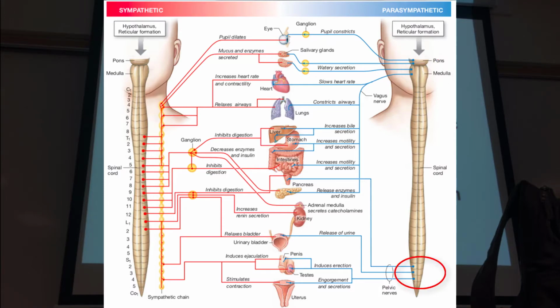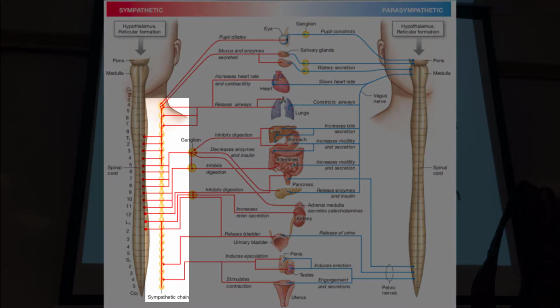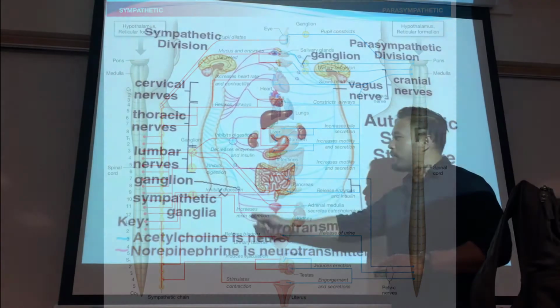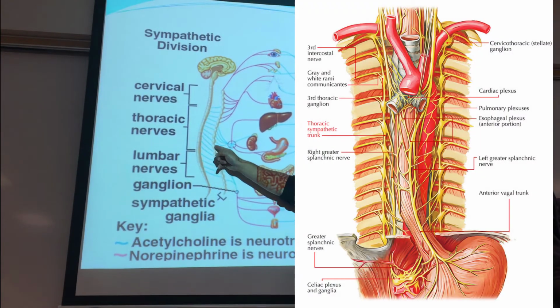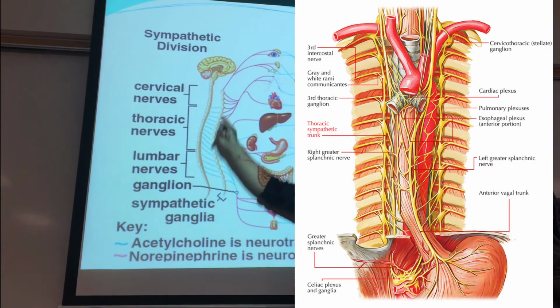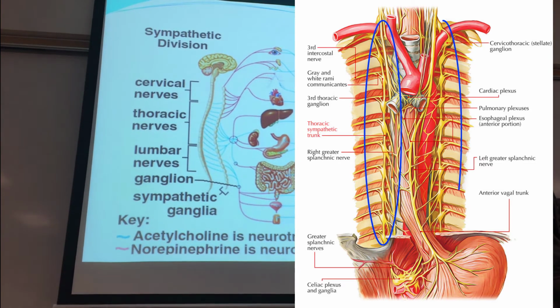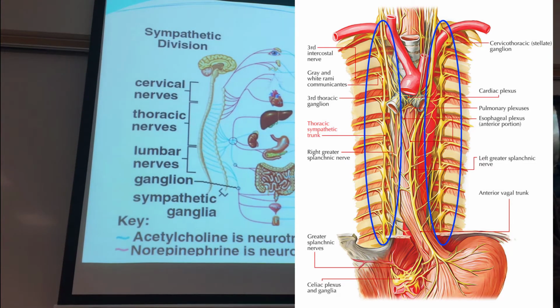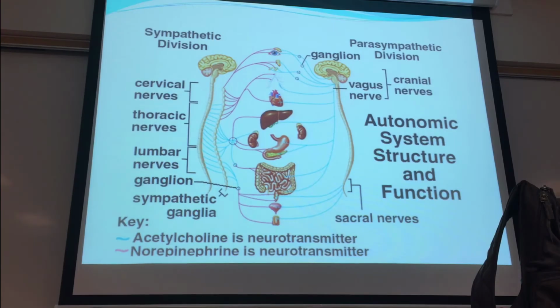For the sympathetic division, you can see there is a sympathetic trunk ganglion. It's literally a cluster of cell bodies, about 25,000 cell bodies, and it runs parallel on both sides to the spine itself. I'll show you another slide of what that looks like specifically.